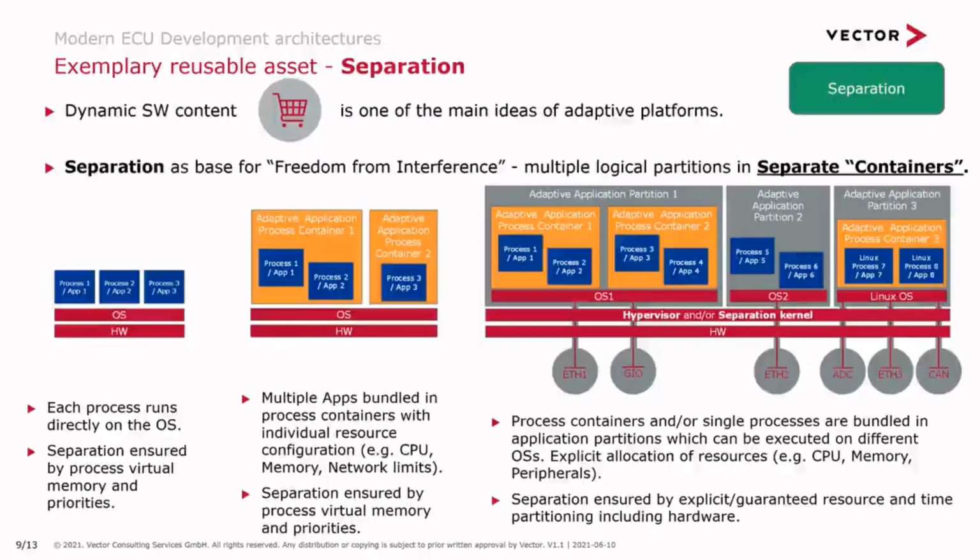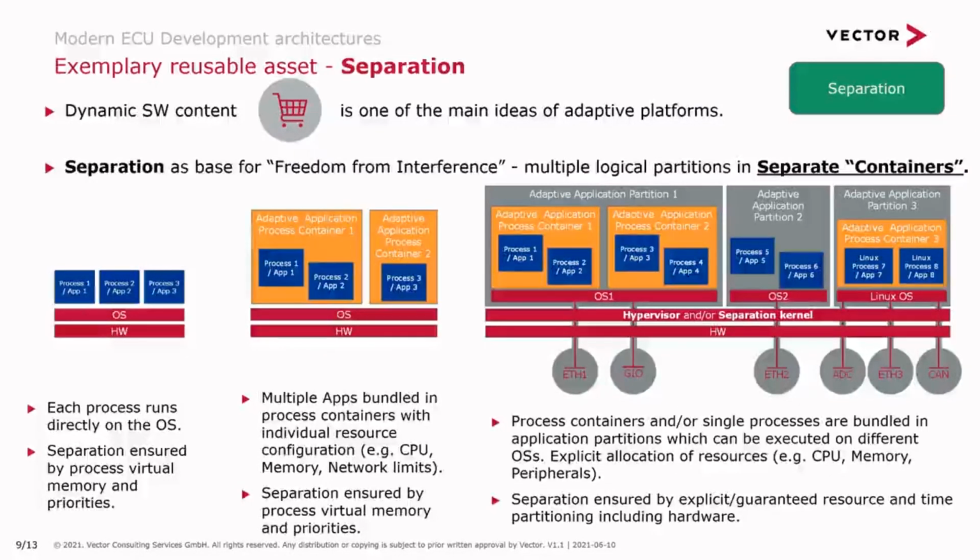But taking the safety perspective, those different contents might implement different functionalities. They might have different ASILs, maybe coming from different manufacturers, and it is essential that those do not interfere with each other, so that no adverse effects result from this.